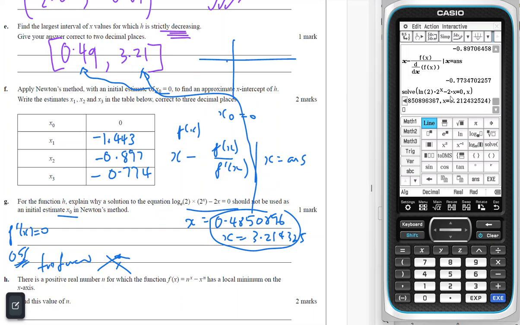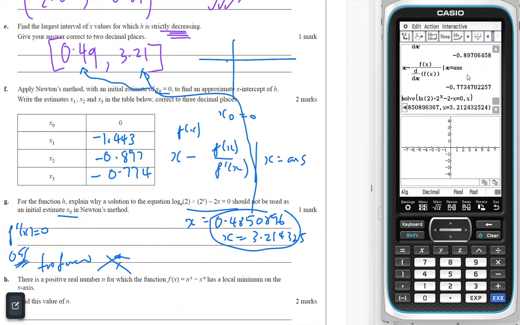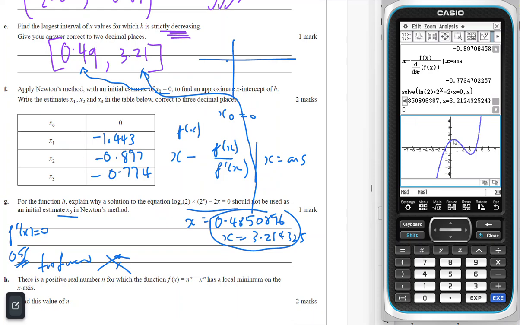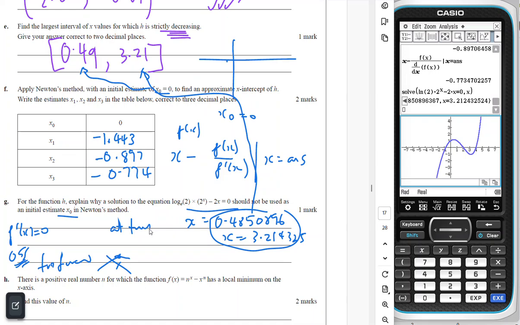What does the graph have? f of x has turning points at these cases. So at these x values, f dash of x equals 0. Therefore, Newton's method will terminate because of a division by 0.